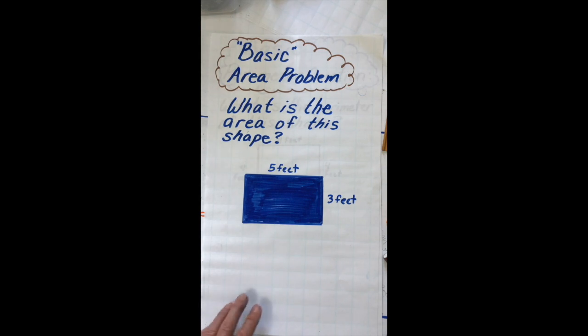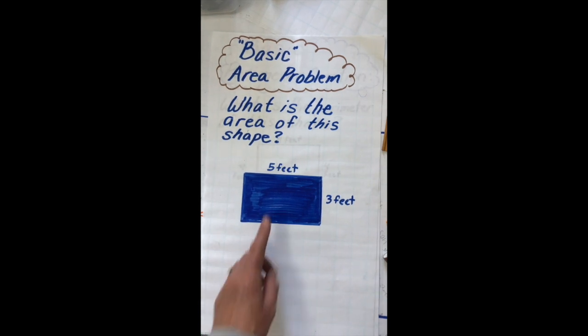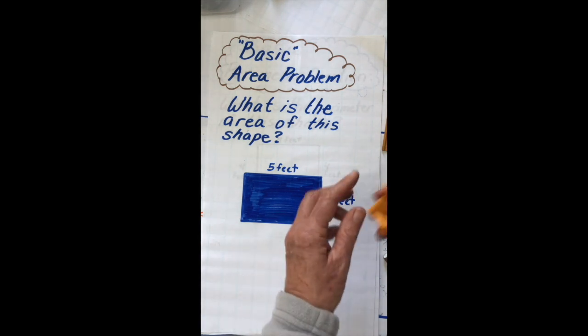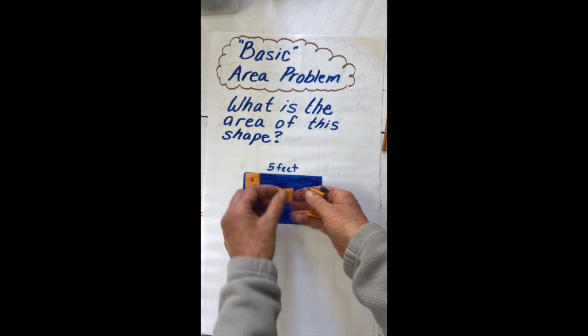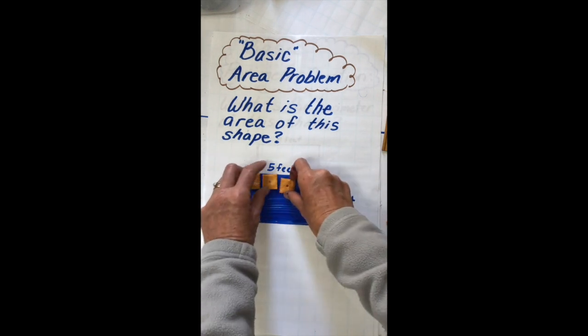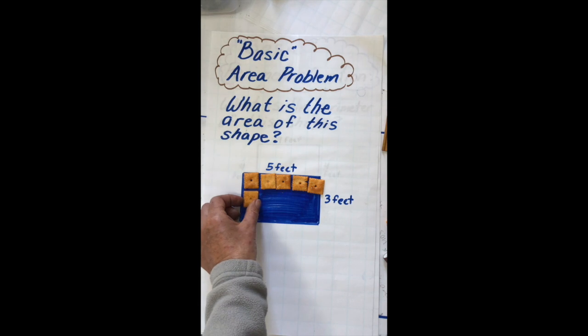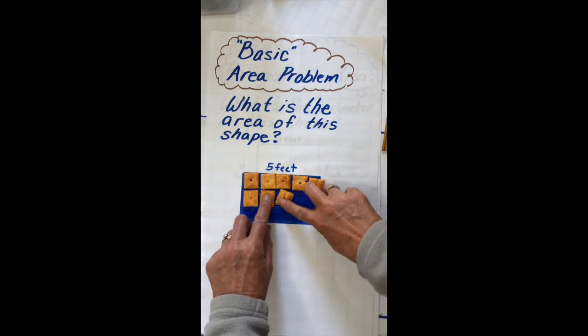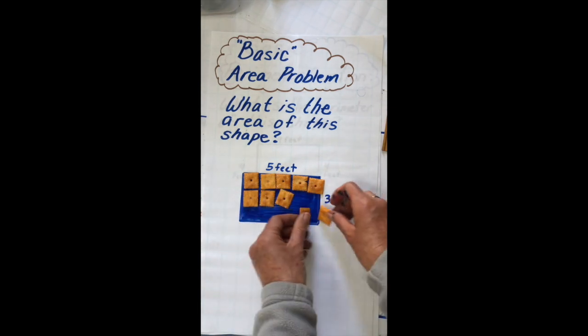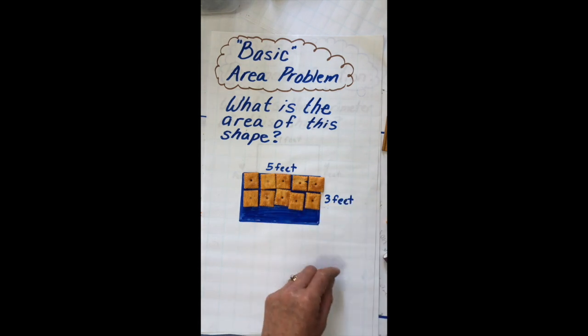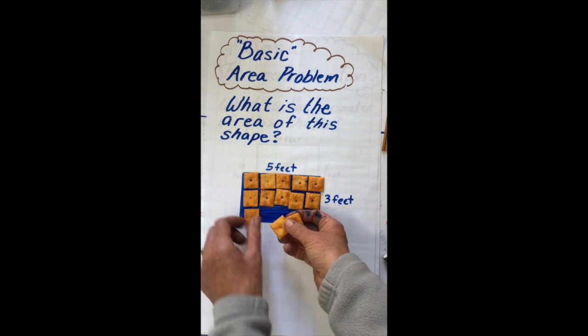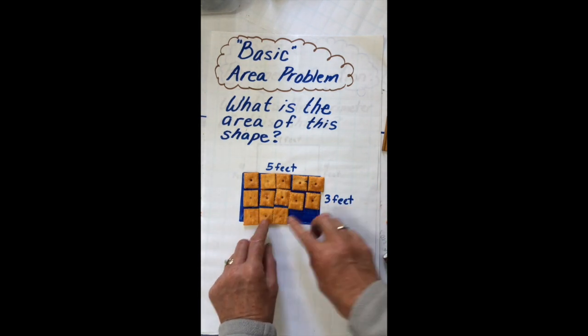This would be a basic area problem. What is the area of this shape? Well, there's two ways to do it. We could measure the squares. So it looks like I have 1 row of 5, 2 rows of 5, and 3 rows of 5. Again, it looks like an array, a multiplication.